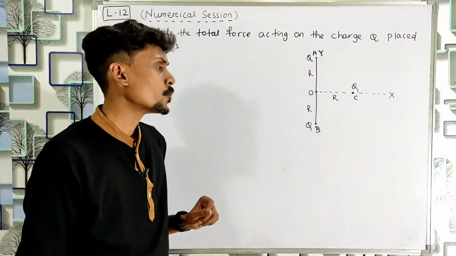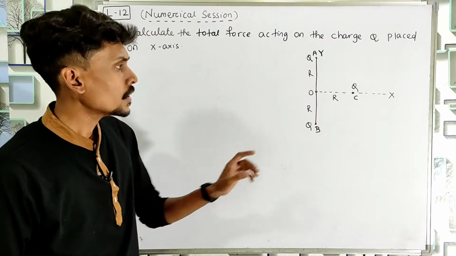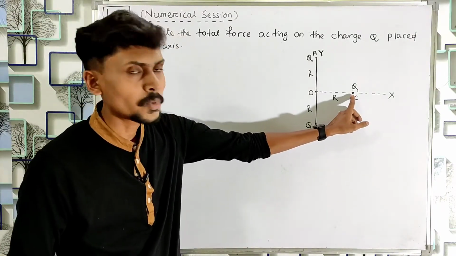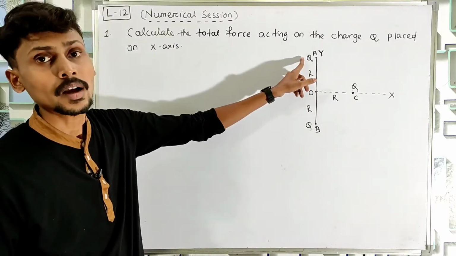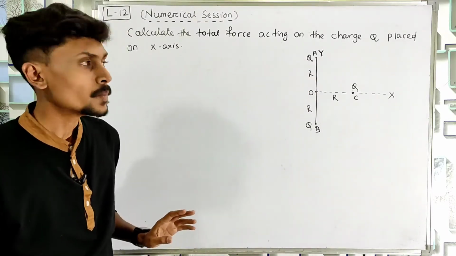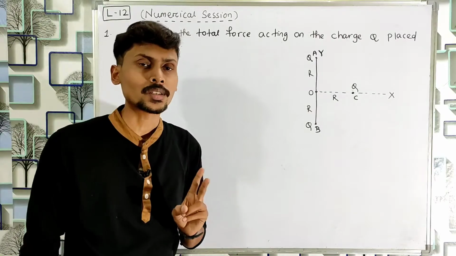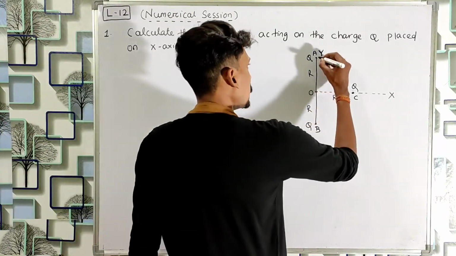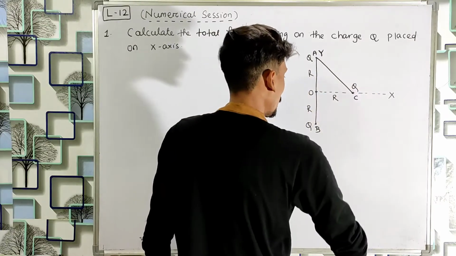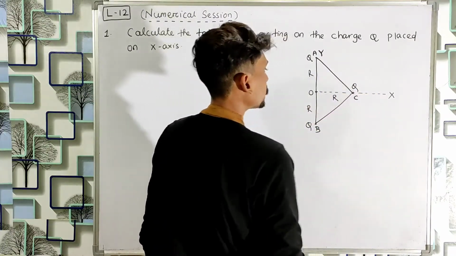In this system we have three charges, and the charge plus Q will experience force due to this charge as well as due to this charge, so there will be two forces acting on it. Let us join point A with C and point B with C.